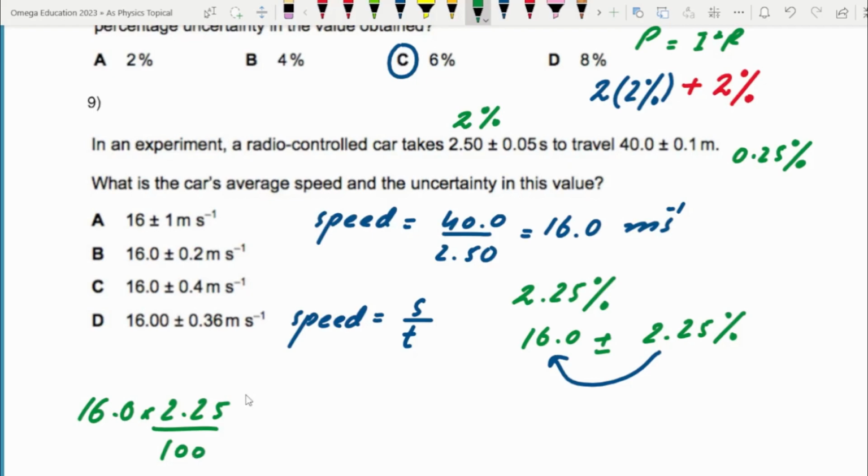We get 0.36, and the uncertainty was given in 1 SF over here and over here as well. So in 1 SF it would be 0.4 meter per second, and C would be the right answer for this one, for question number 9.